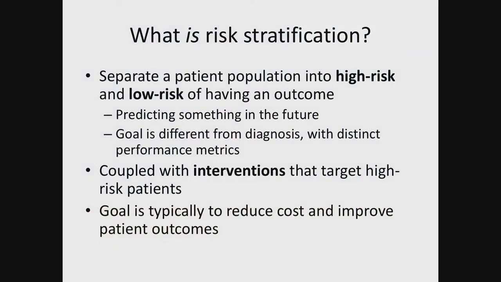And finally, in today's economic environment, risk stratification is very much targeted towards reducing cost of the US healthcare setting. And so I'll give you a few examples of risk stratification, some of which have cost as a major goal, others which don't.